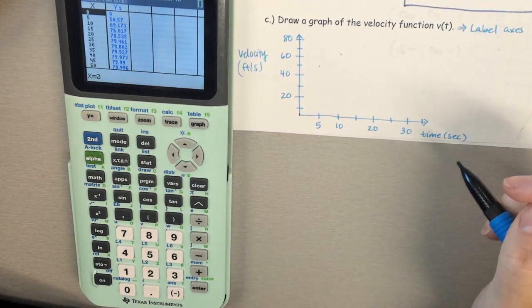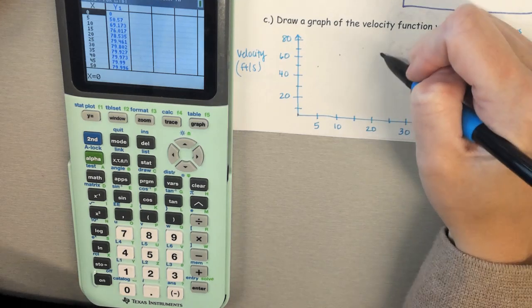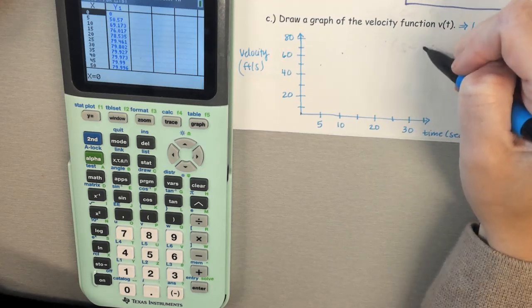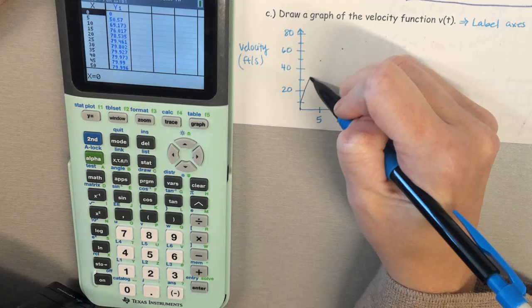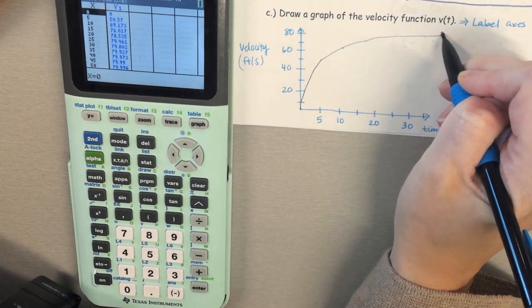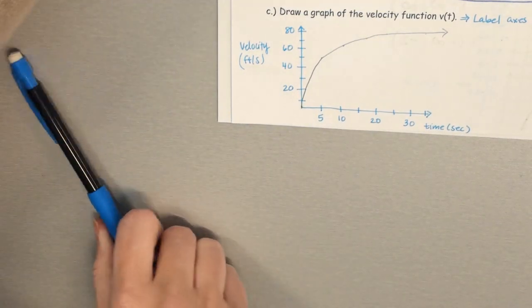Can you guys see what value these are getting closer and closer to? Yep. At 30, I'm at 79. So once you see that start to happen, this is just going to level off here. Going to keep going.